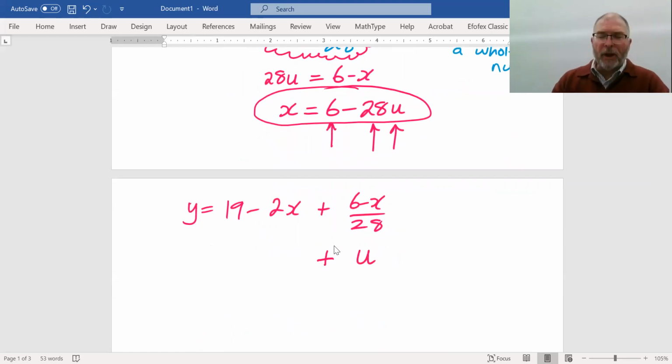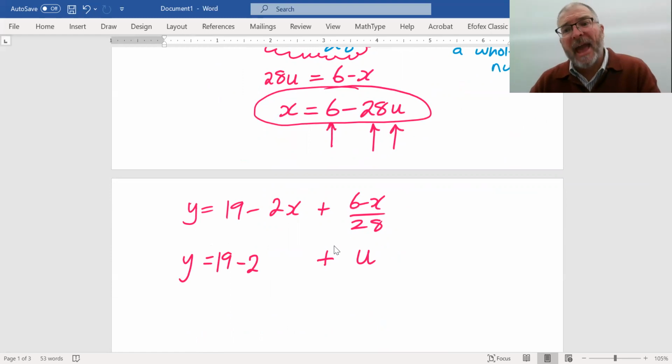All right. Now I've got 19 minus 2x. So y is equal to 19 minus 2, but instead of x, I need to write something that has the letter u, because I'm trying to write the x and the y in terms of some other parameter u. Well, it's written above, where I'm putting a little star.